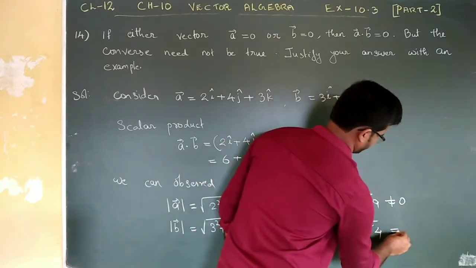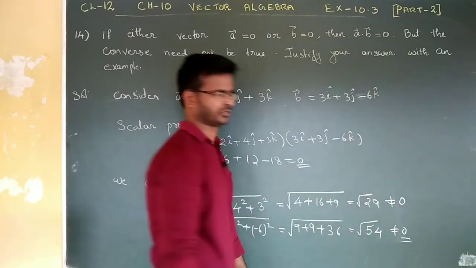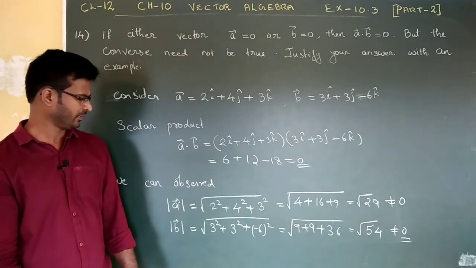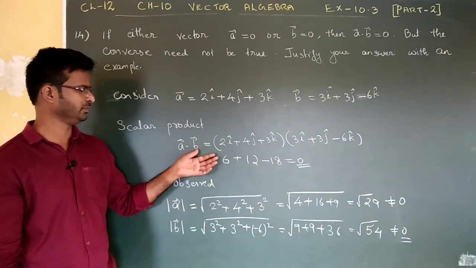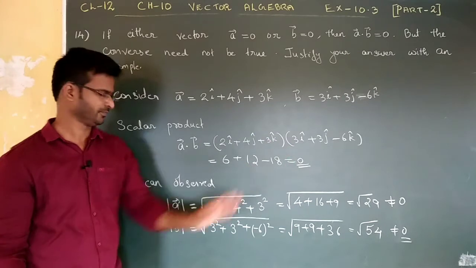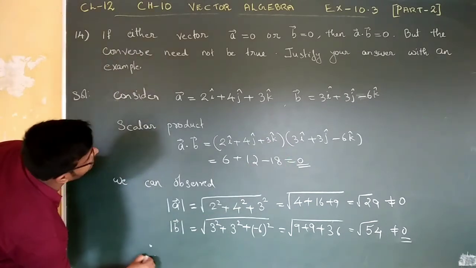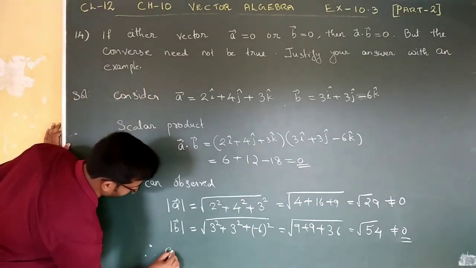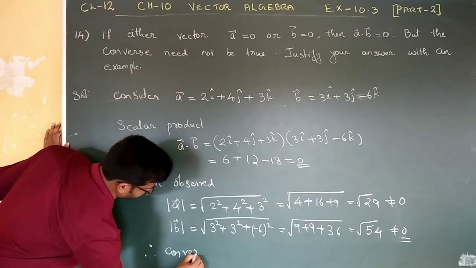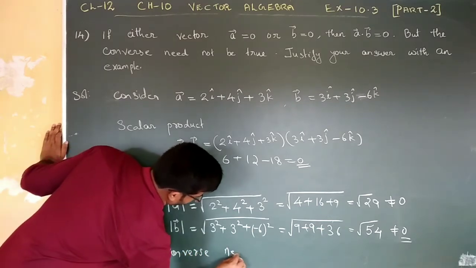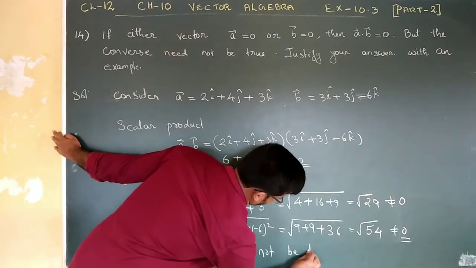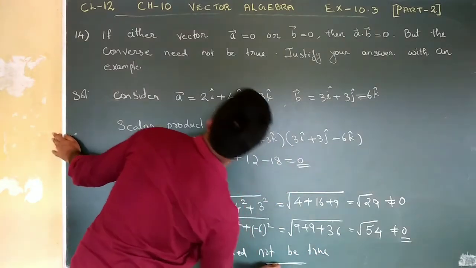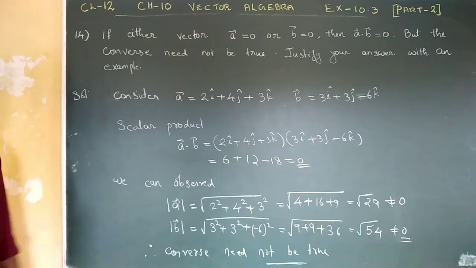This is also not equal to 0. So A and B are non-zero vectors, but A dot B is 0. Therefore, the converse need not be true. This is our answer.